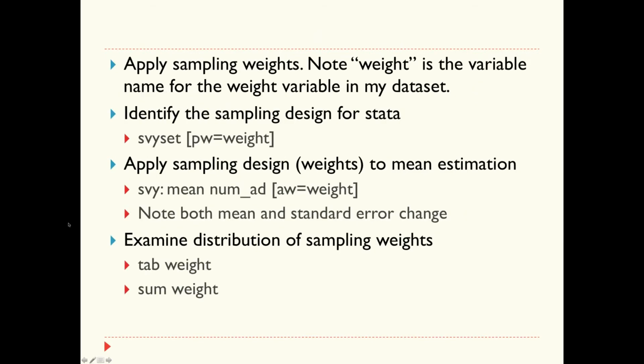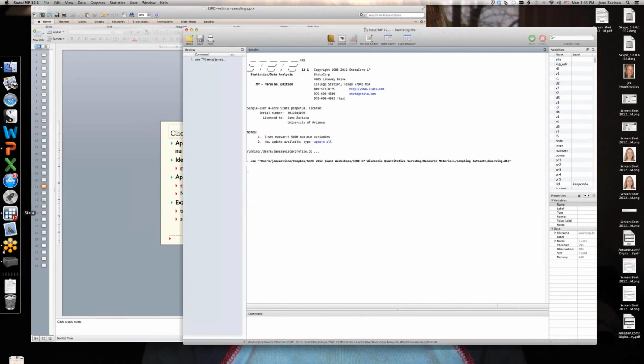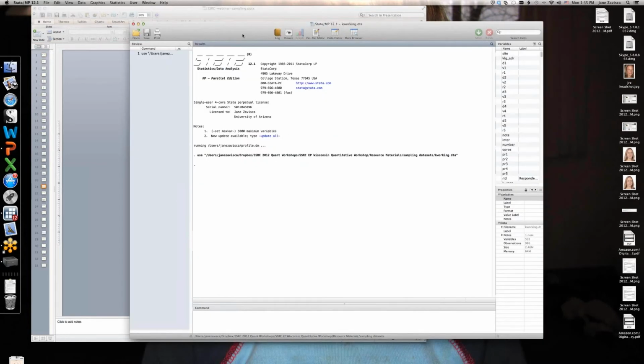Now I'm going to go into Stata, where I've got my data set loaded. I'm only going to tell Stata right now that I have unequal probabilities of selection in my sample, and this is the name of the variable that I'm going to use. PW means probability weight.